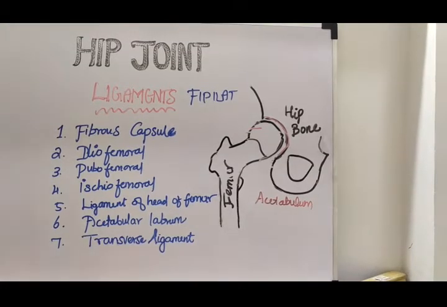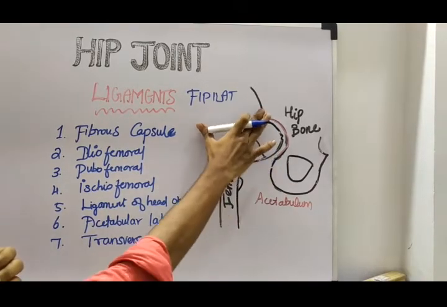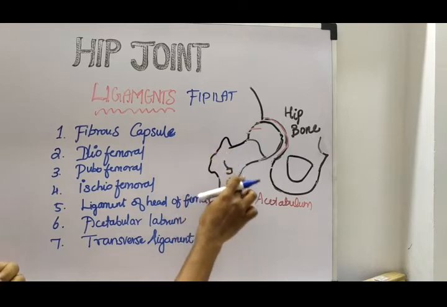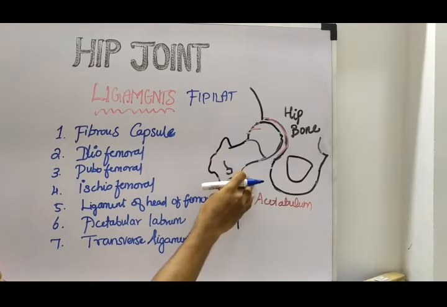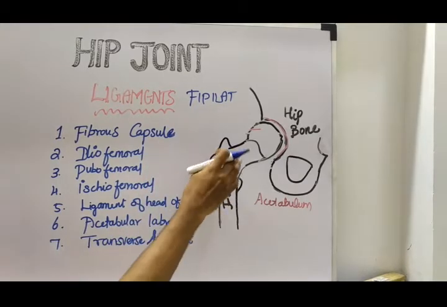First is the capsule, the fibrous capsule. The capsule will be surrounding the joint. From the acetabulum it extends to the intertrochanteric line in the front of the femur, and before the intertrochanteric line at the back of the femur.